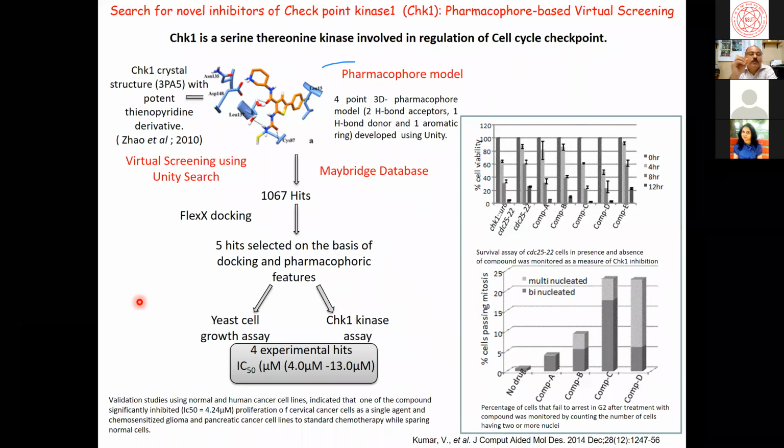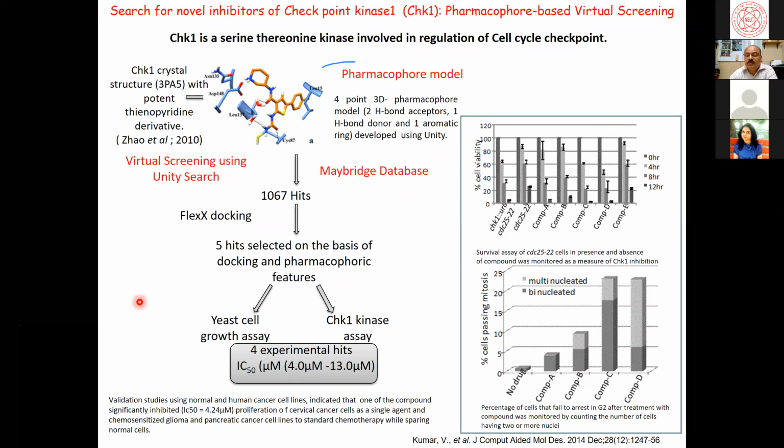The idea is to identify, in a more rational way, certain molecules that can be developed as lead molecules and then further optimized. This helps you have a more focused approach in developing a particular chemical scaffold that can be taken into the later stages.